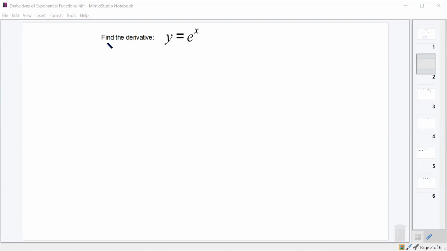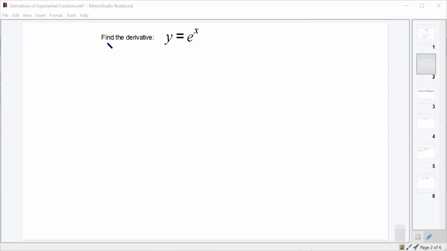Okay, sorry about that. So if we're going to find the derivative of y equals e to the x, anybody have a good idea on how to find this derivative? Take the limit. All right, yeah. So we might try to think of some other ways, like using the power rule, but none of those other ways are going to work.